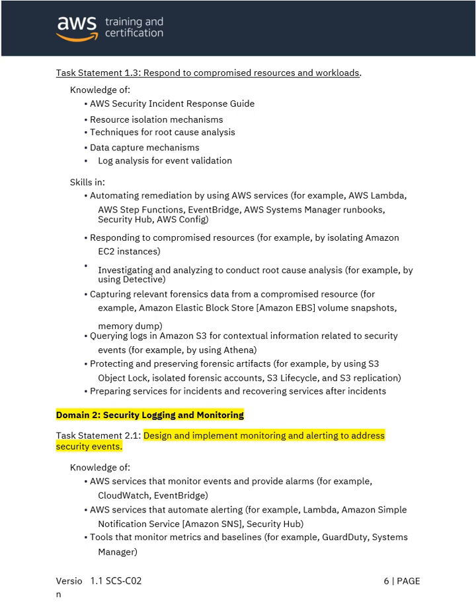There is another part, domain 2, that is security logging and monitoring. Security logging and monitoring has different tasks. In case of any security events, how will you monitor and provide alerts for monitoring your resources, and how do you use CloudWatch?